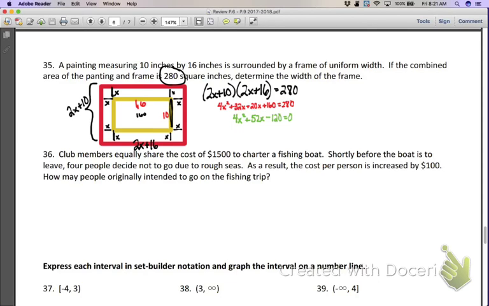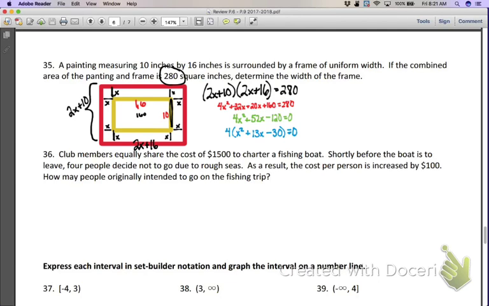What's our common factor? What can we pull out of each part? A 4, right? So if I pull out a 4, I really have x squared plus 13x minus 30 is equal to 0.